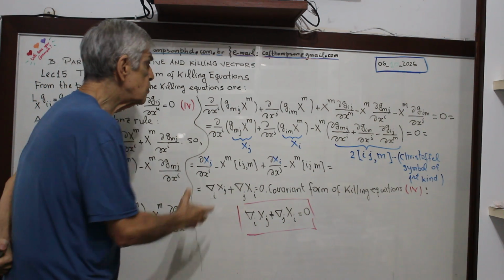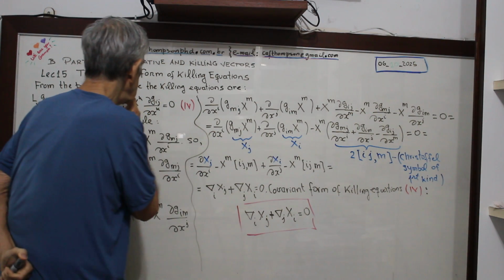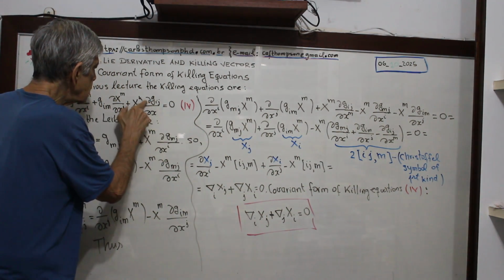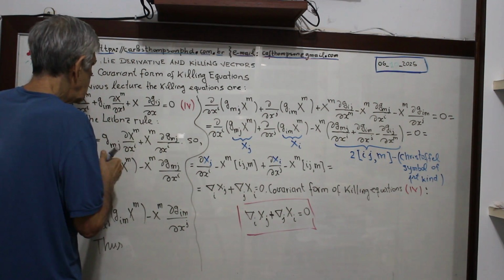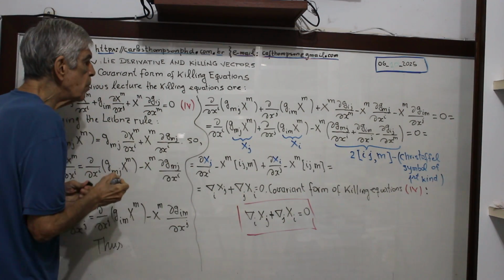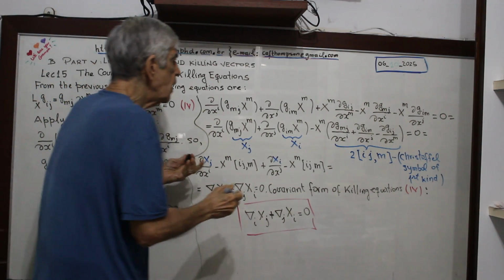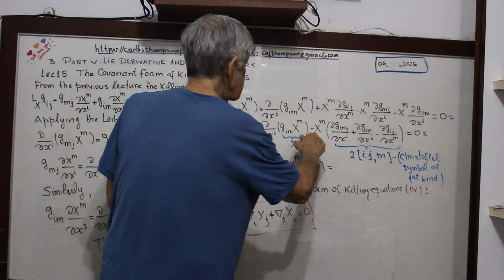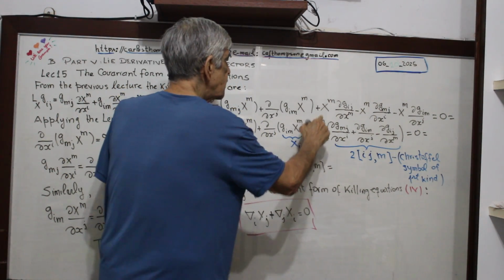So, this over here, attention now, you see k here and k here. I can substitute this dummy by n, no problem. So, I can combine this term, this is minus here, xm.